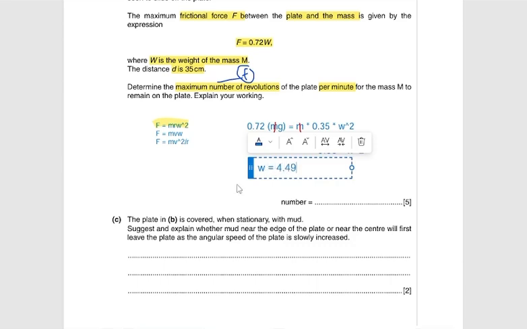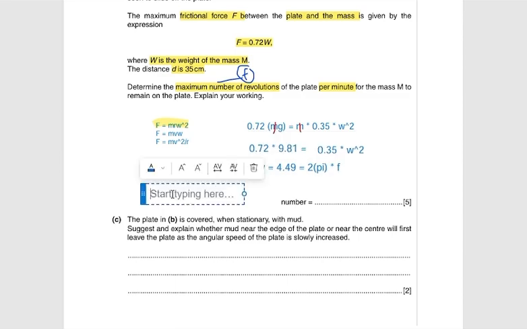Now, omega is in rad per second. Now I know omega is equal to 2 pi f, 2 into pi into f. I have to find f because f is the number. So when I divide 4.49 by 2 pi, I get 0.715.